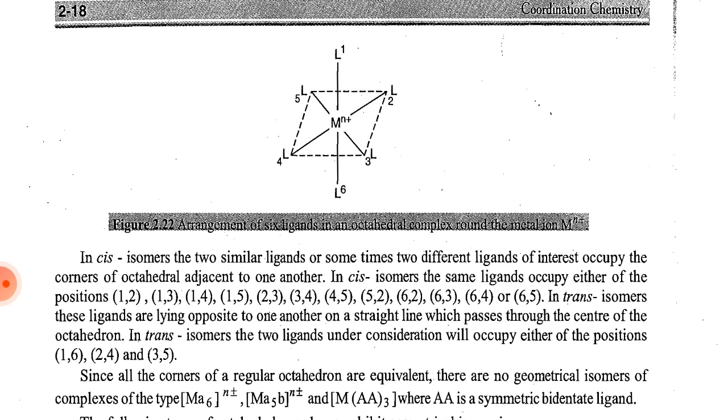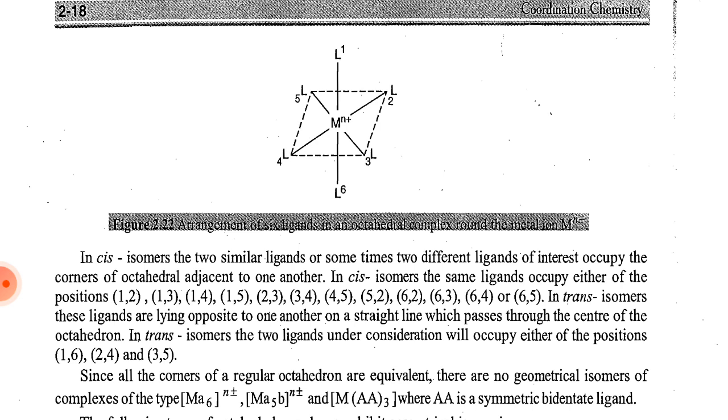So if the two ligands are at the positions 1 and 6, 2 and 4, and 5 and 3, where they are opposite to each other, then they are considered the trans isomer. We should remember that if the two ligands are the same in the octahedral complex, to identify a trans isomer, the ligands must be at positions which make them opposite to each other, which are 1 6, 2 4 and 5 3.